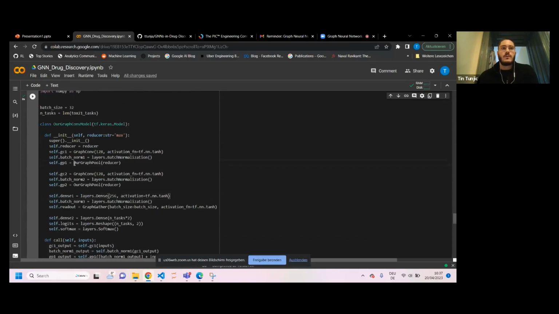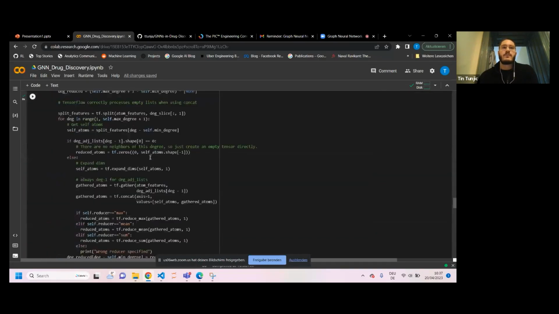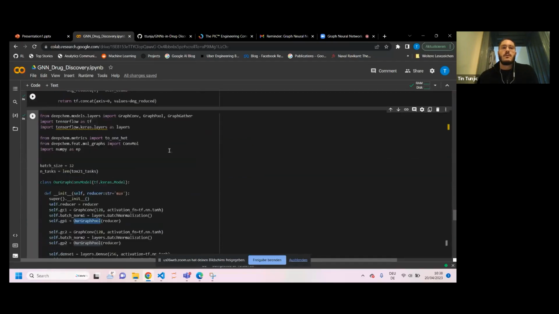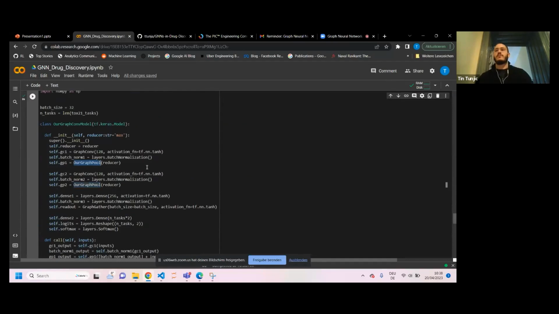Our graph pool is one class that I've written for the graph pooling operation. I already said that once you have the latent representation for each of the message passing steps, so every time the information has been propagated from one node to another, you have to have some kind of pooling operation, because if not, the features are going to explode.